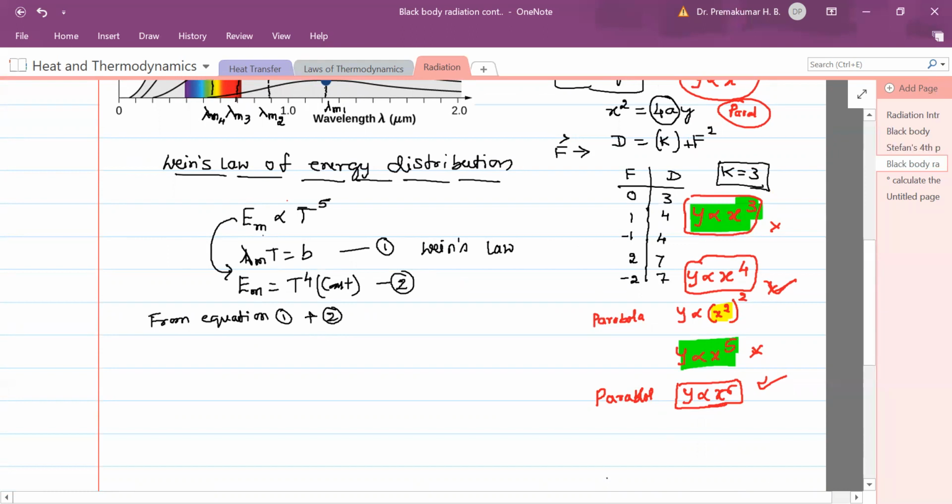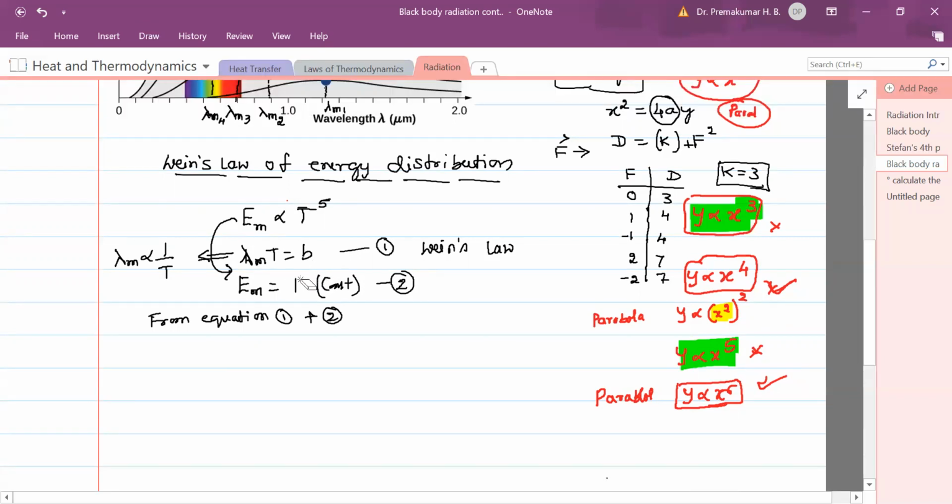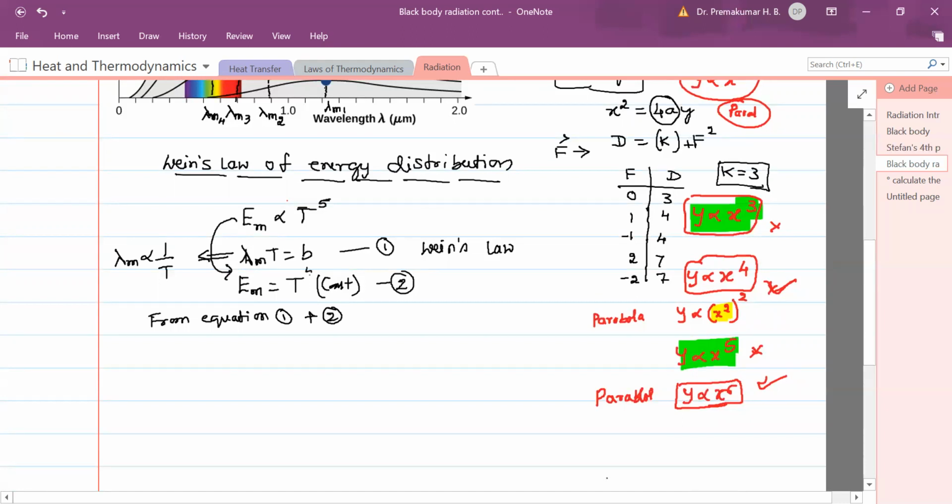Em is proportional to T to the power of 5, whereas lambda is inversely proportional to T. So this tells that lambda m is inversely proportional to T. Wherever there is a T, I can write in terms of lambda. This is T to the power of 5 now.